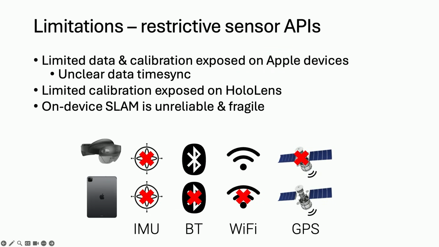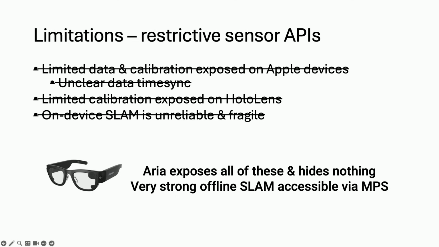And last but not least, Aria also exposes all the sensor APIs and hides nothing from the users. So it's perfectly suited for dataset constructions. And on top of it, it also provides a very strong offline SLAM, which is supported by our evaluation, is far better than all the academic solutions, and is freely accessible via the Aria Machine Perception Services.